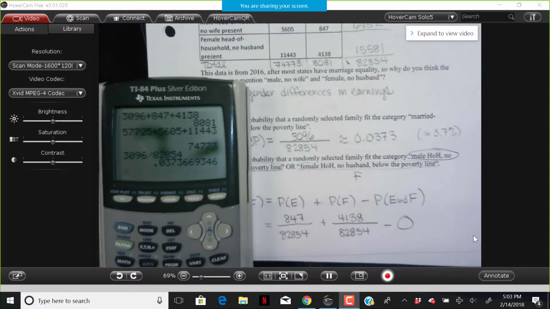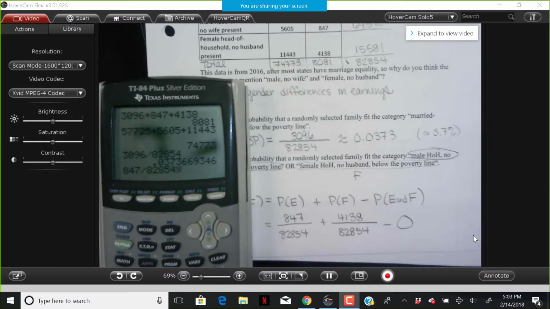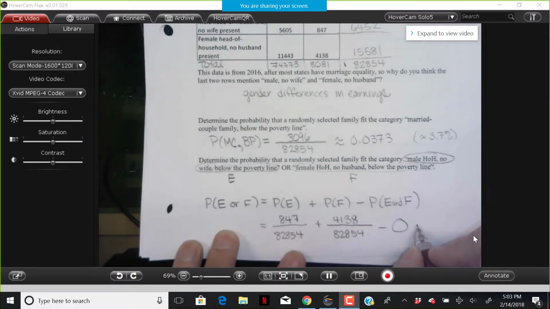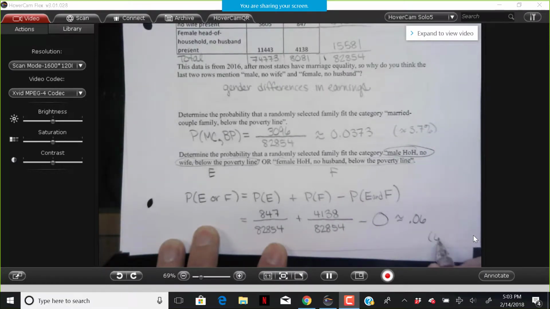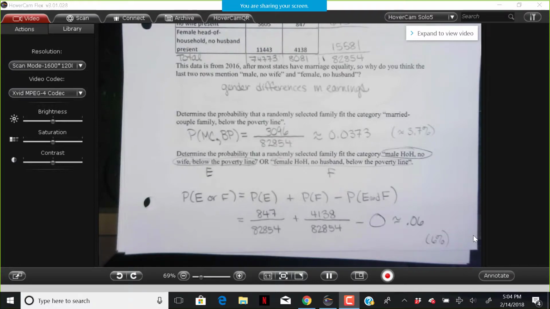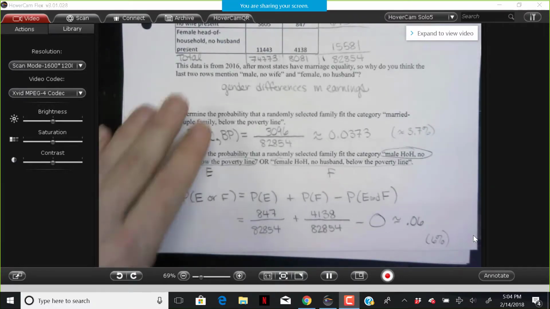And so then we just add these two fractions together. So about 0.06. So it's more likely that a family is living below the poverty line if it's not a married couple than if it were a married couple.